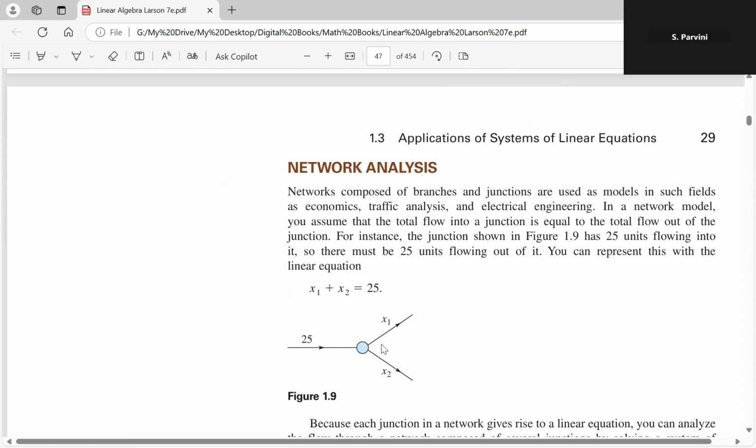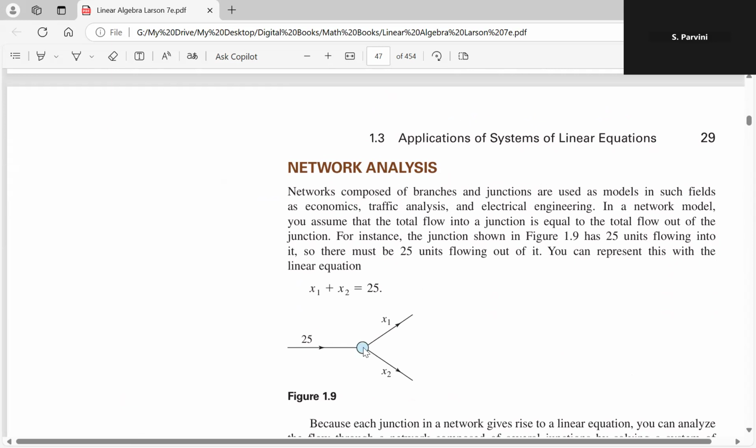So this is actually what you're looking at. You have a branch. This is a junction, the one that's in color, the circle. It would be like, for example, if we apply this to traffic flow, an intersection.